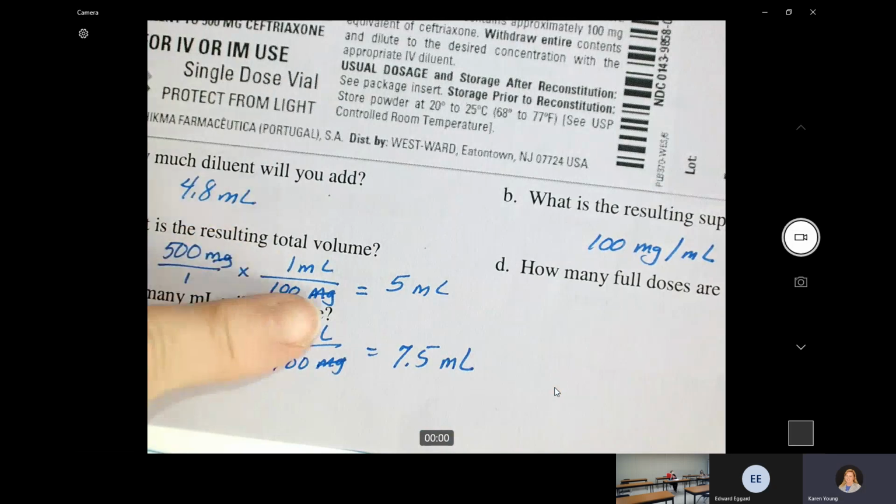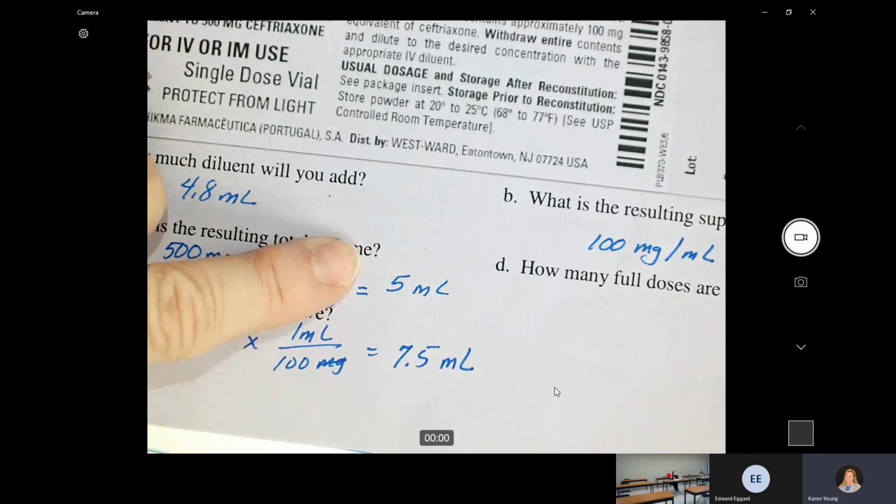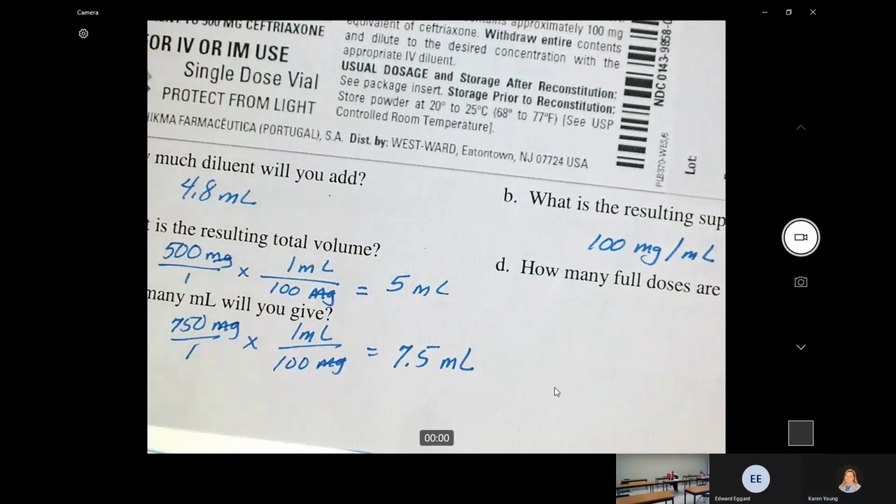But this is one of the reasons that we check it, because sometimes we're giving more than what the vial has. Let's say you find out that you can pull from two different vials. You'd know then that you've got to pull two different vials off the shelf and mix them instead of one, or that you need to get a bigger vial because there's not enough in this one. And you want to do all of this before you mix it.